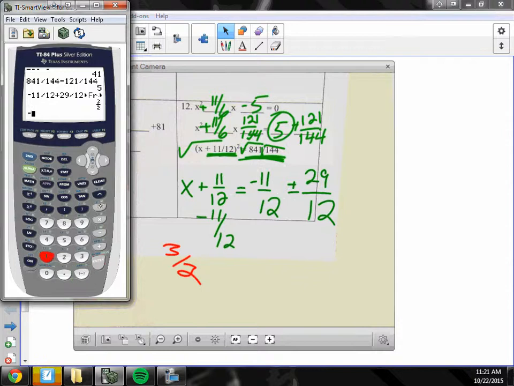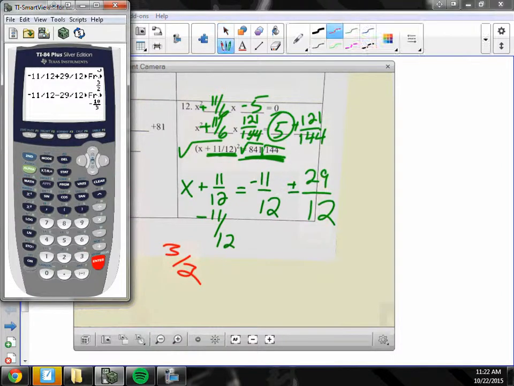And negative 11/12 minus 29/12 simplifies down to -10/3. And those are the two roots. I just typed them in, negative 11 over 12 plus 29 over 12 and negative 29 over 12.